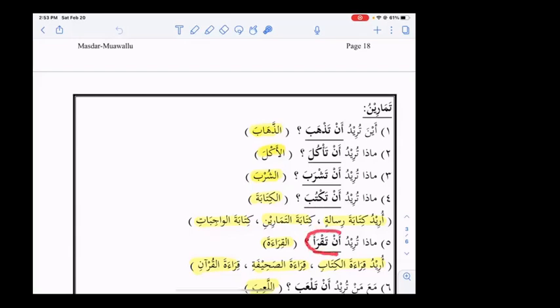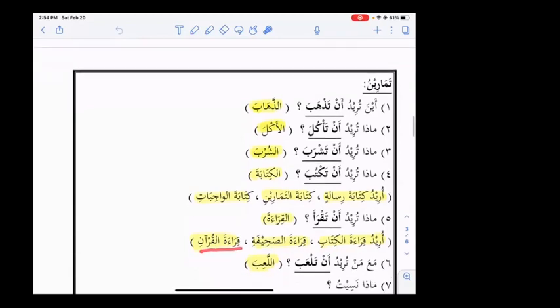See, this is your mastar mu'awwal. So what is the mastar? Al-qira'at. Uridu an taqra'a al-kitaba. Uridu an taqra'a al-sahifa. Uridu an taqra'a al-Qur'ana. But you can say uridu qira'ata kitabi, qira'ata sahifatin, newspaper, qira'ata al-Qur'ani.